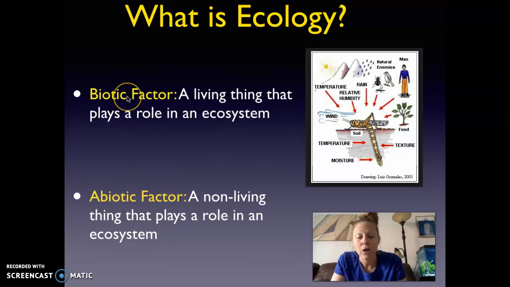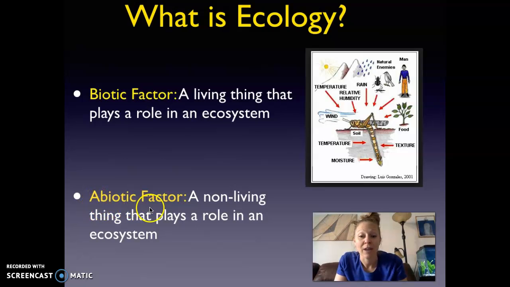Biotic factors are factors or parts of an ecosystem that are living, that play a role. So here in our picture, the person plays a role in this ecosystem, and the birds and people and plants, these are all living things that play a role in an ecosystem. And an abiotic factor, a meaning non-living.